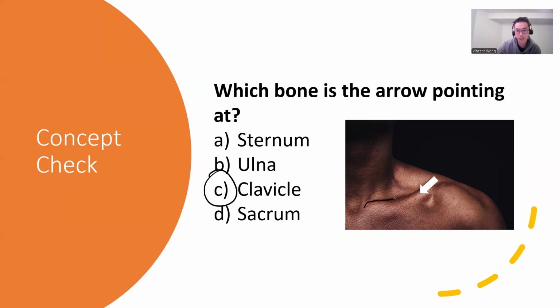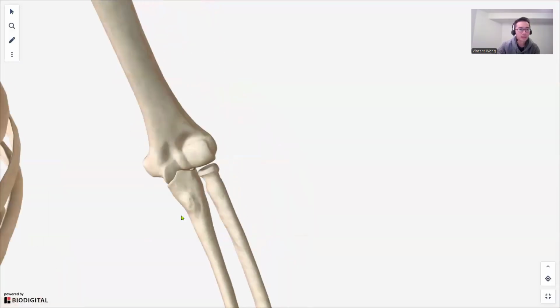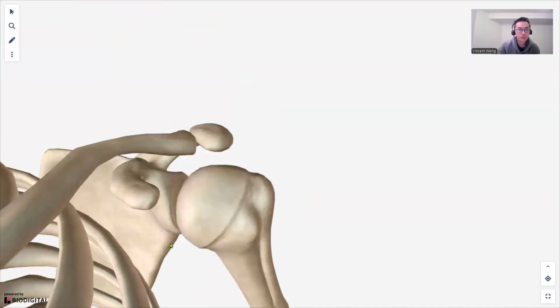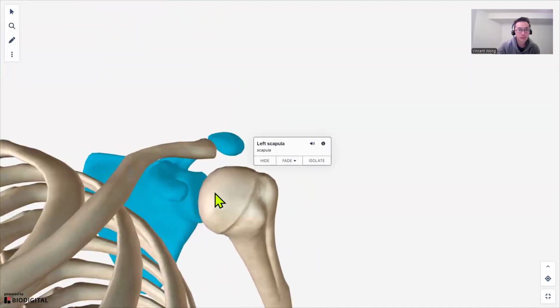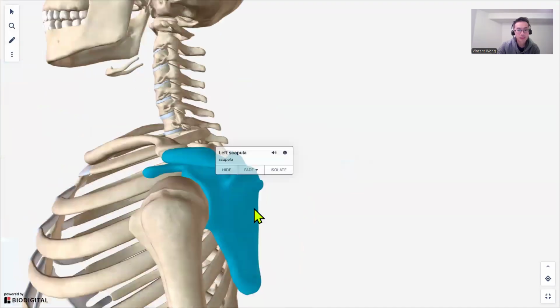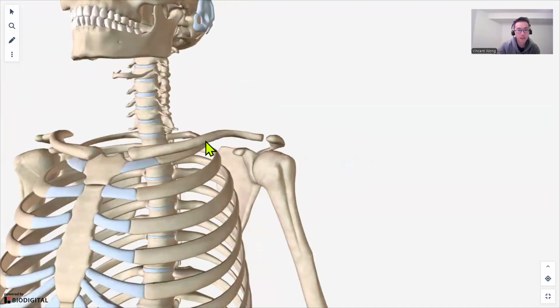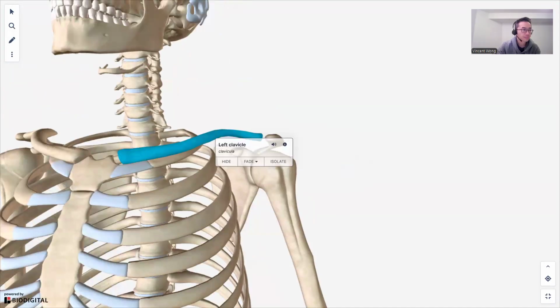At the front, it connects with the manubrium of the sternum. And at the back, it connects with the scapula, right? There's a little hook that I showed you in the previous picture. Let me show you the hook again. Right here. There's the hook. It connects with the clavicle.